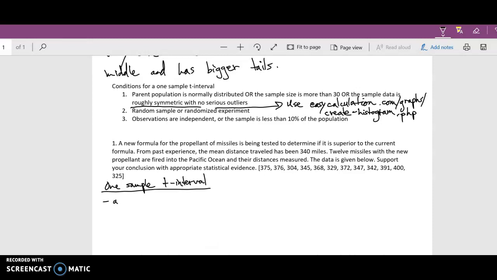We're going to assume randomized experiment. The missiles are independent of each other. So this is the second, this is the third condition from above.